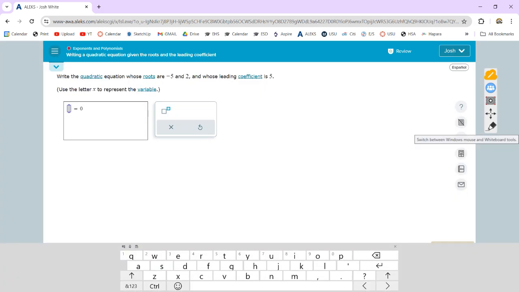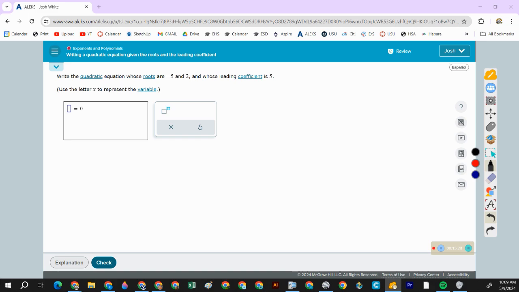All right. Write a quadratic equation whose roots are -5 and 2 and whose leading coefficient is 5. So I know that x equals -5 and x equals 2. Those are the roots. What would the factors be that are associated with those roots?